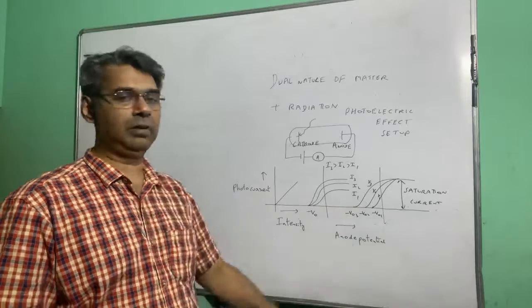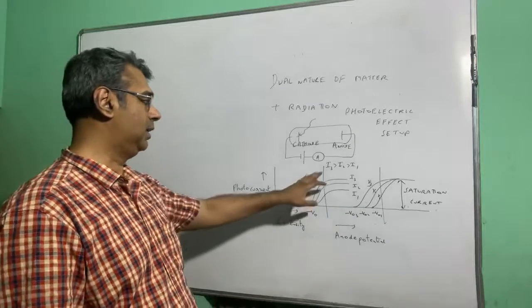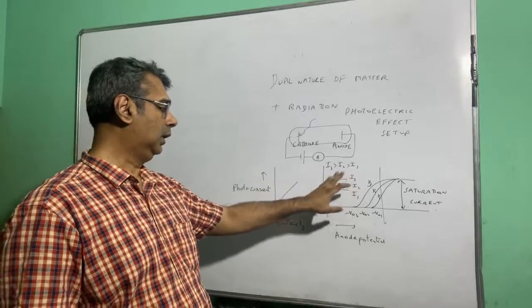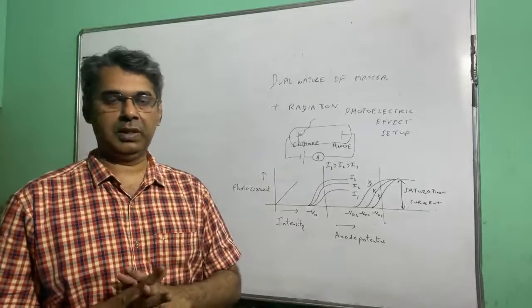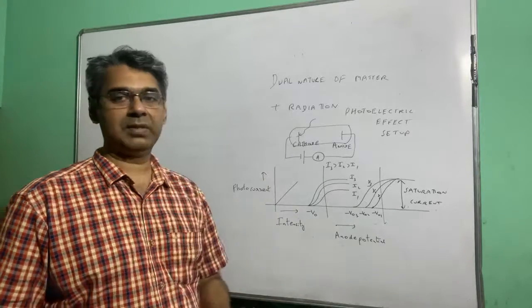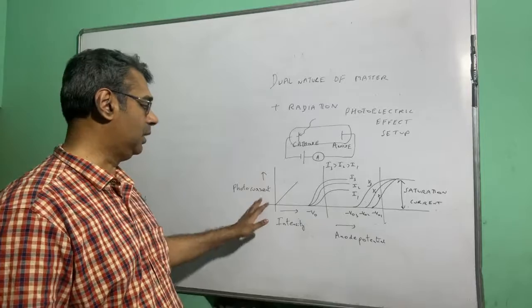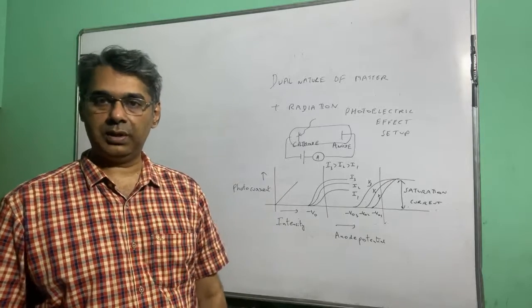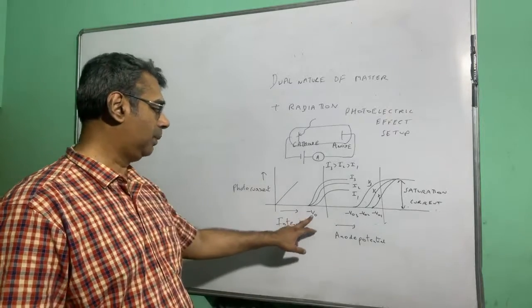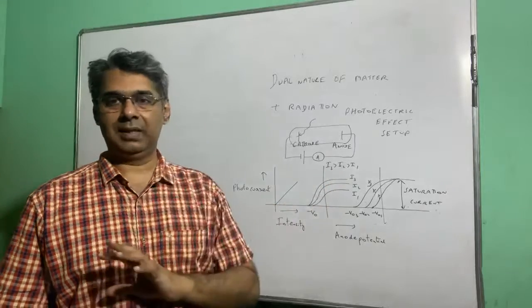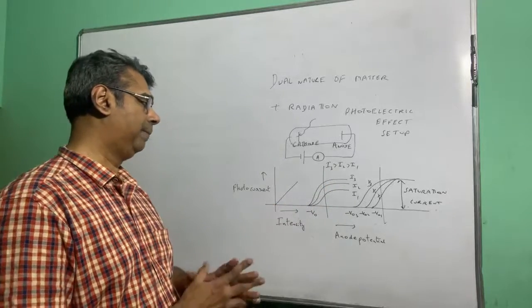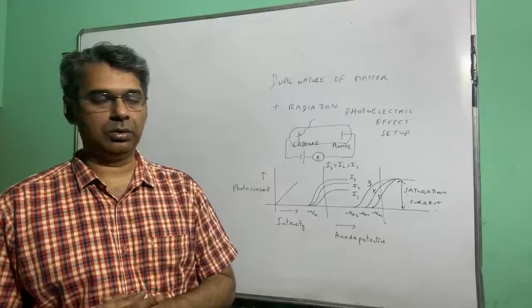This we can understand from these two graphs, because when intensity is very high, medium, low, all the time the stopping potential is the same. So the summary is that photocurrent depends on intensity, but stopping potential minus V0 does not depend on intensity at all.